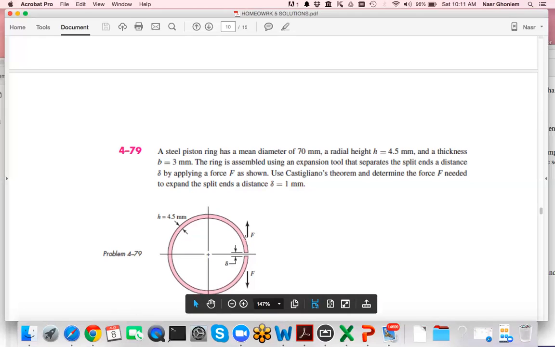Here we just have one force, and then the force will create a system at each section, and the system is basically a moment, a radial component, and a hoop component. So the system forces are the result of the applied force at the end.